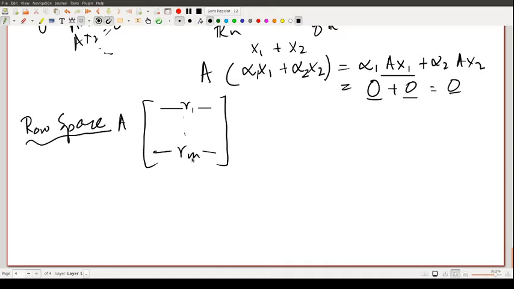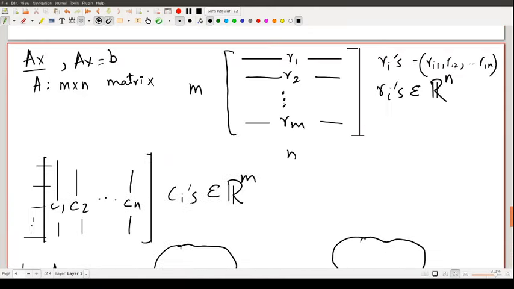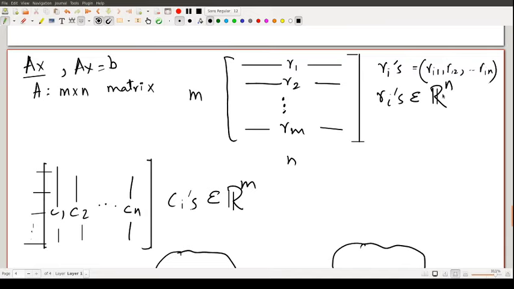If you start taking linear combinations of these, alpha 1 R1 plus alpha 2 R2 plus up until alpha m Rm, take some linear combinations of these vectors. Now notice that all of these vectors are in Rn, right?